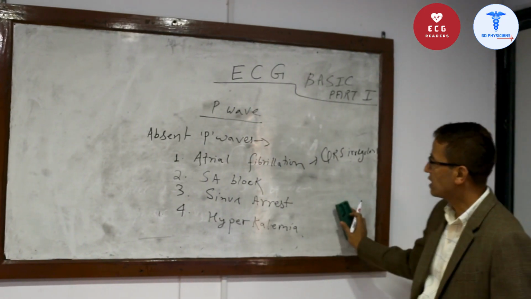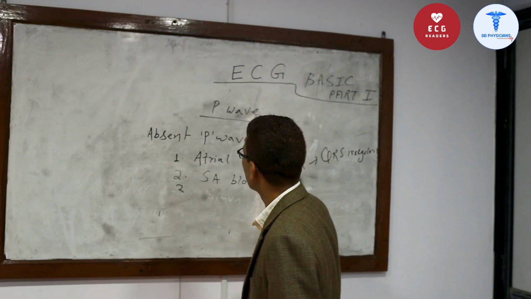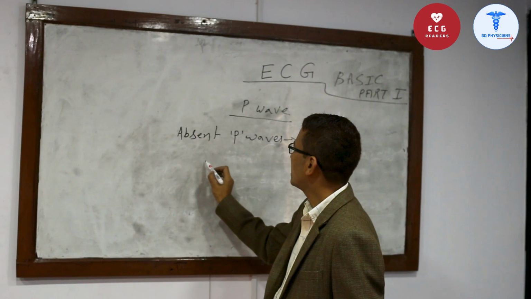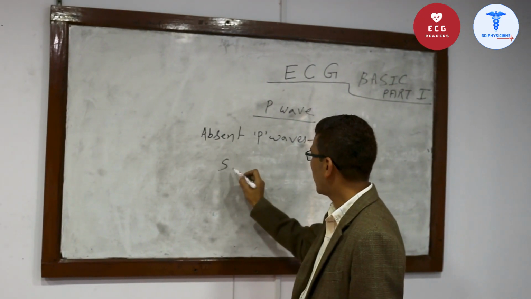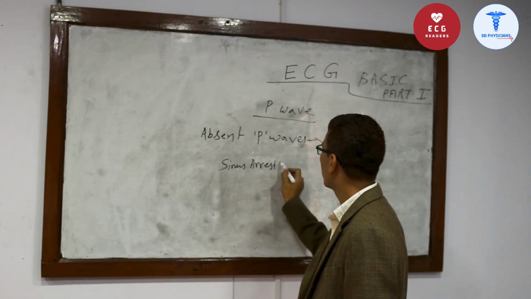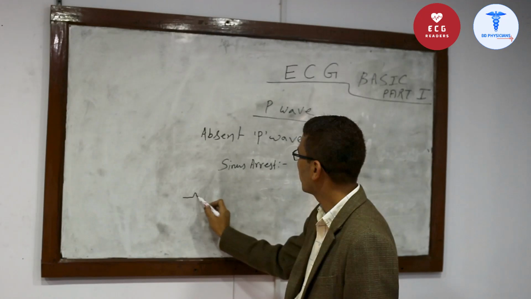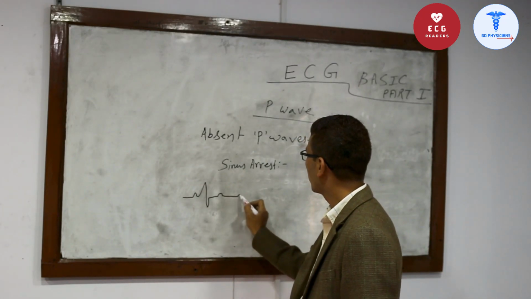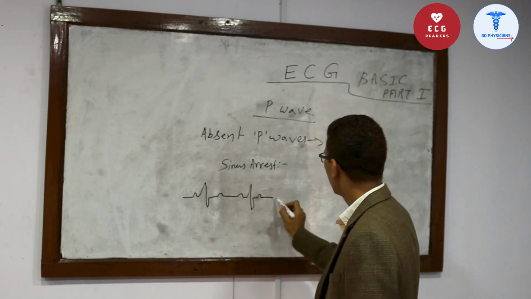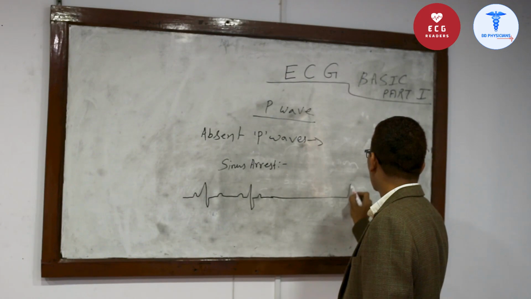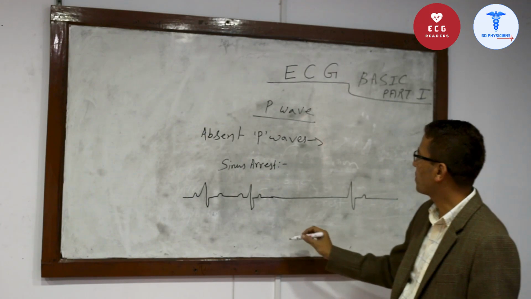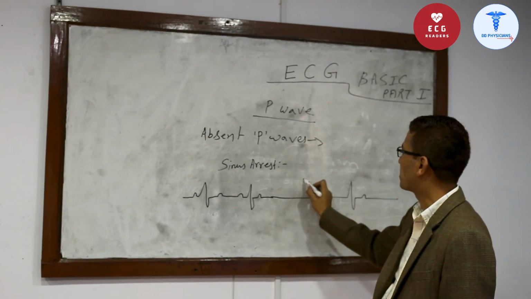In sinus arrest, the ECG will show absent P waves in this segment. There will be no P wave.